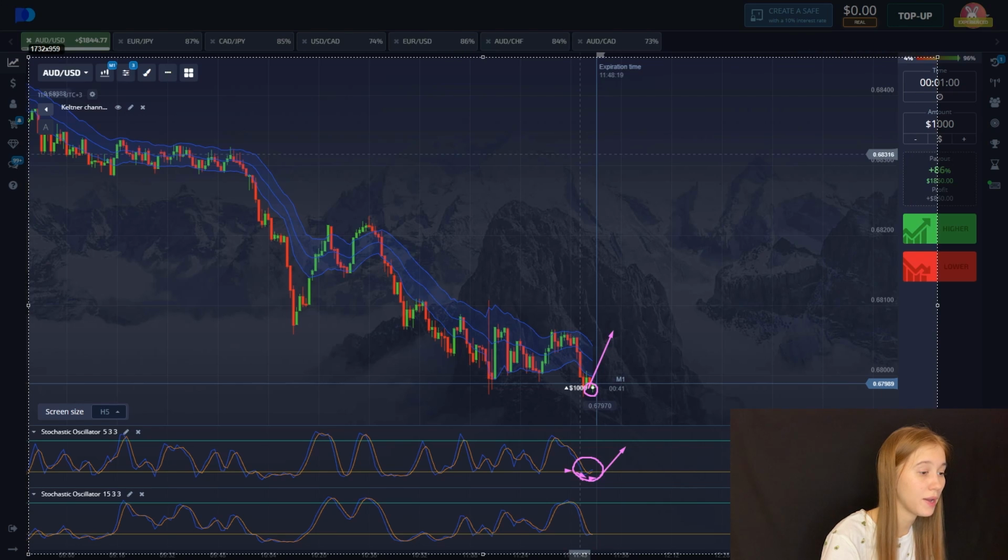And also, if you pay attention, our lower stochastic also shows a reversal, and this is also our signal, and it complements our 2 signals. In general, we are forming a good low, and further the movement should go up, I'm sure.